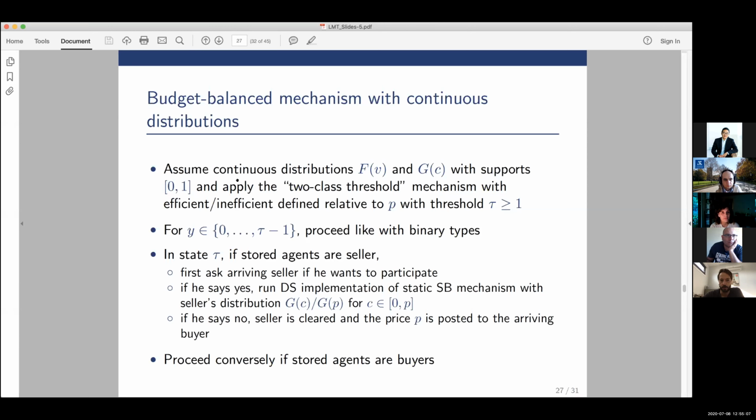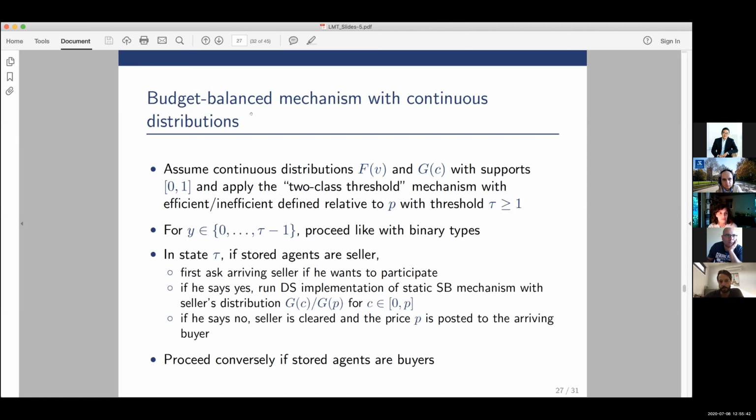As I think we discussed before, I can always translate the continuous type setting in the large market limit into a binary or two-class mechanism where agents are treated as efficient and inefficient as a function of how their value or cost relates to the valuation price. If you're above the valuation price as a buyer, you're efficient and inefficient otherwise, and likewise for sellers.